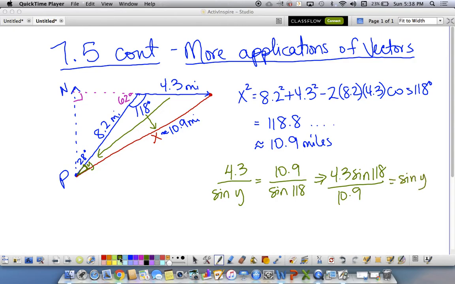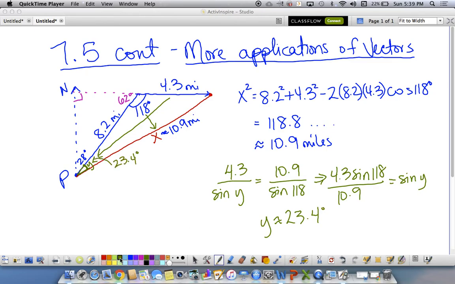This is going to be some decimal, approximately, let's see, 4.3 sine 118 divided by 10.9, 348, etc., etc. Second sine, second answer, I got 20.38. So y is approximately 23.4 degrees. Okay, that is this piece right there.